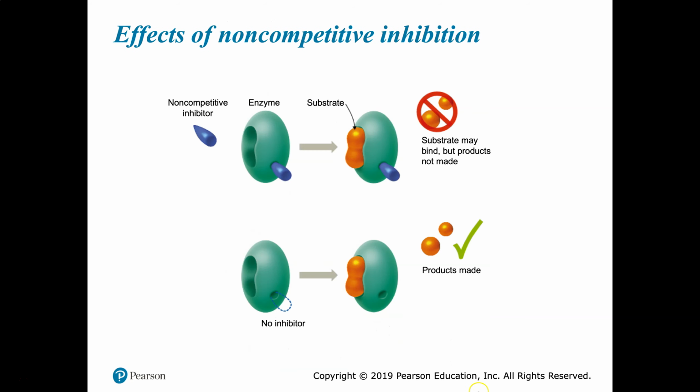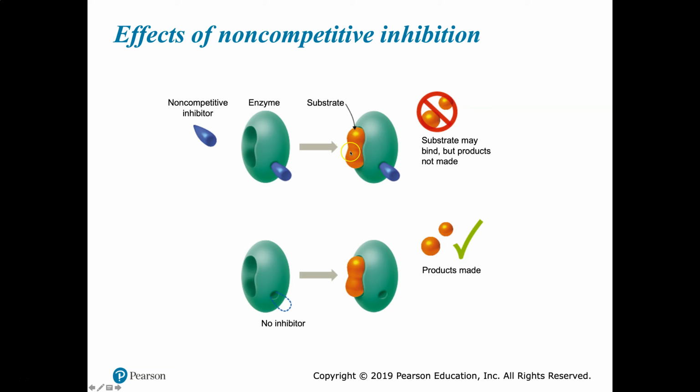Non-competitive inhibition: you have a non-competitive inhibitor that will bind to the allosteric site. When it binds to the allosteric site, it will prevent the substrate from being worked on.